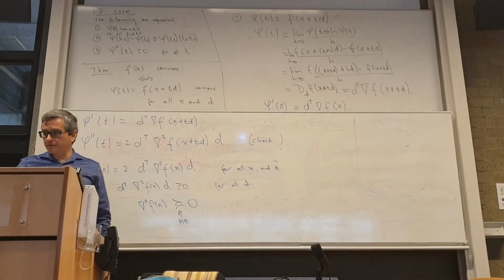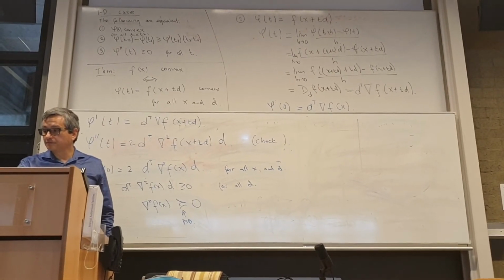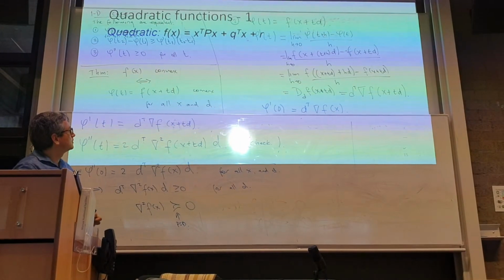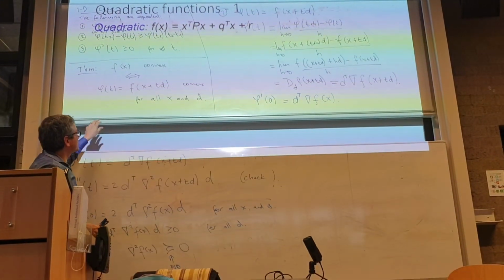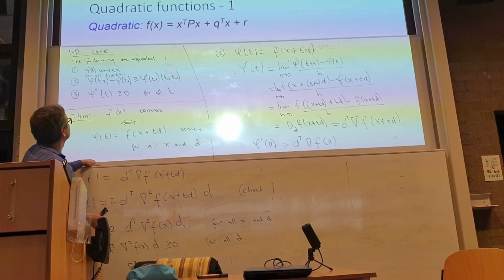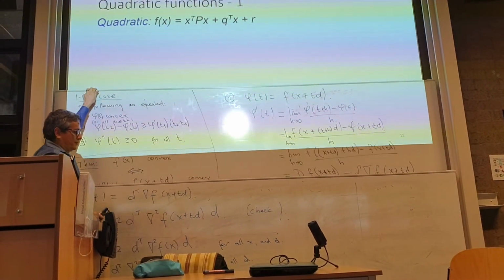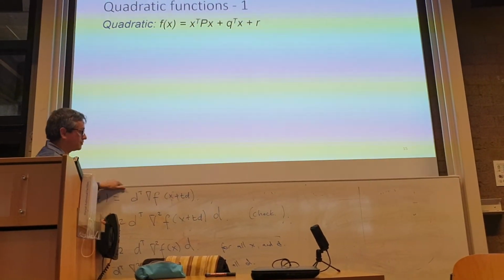Okay, let's apply those two theorems. And then we're going to do it for the quadratic functions. So we're going to apply first the first-order condition. I did it, but okay, we can write it anyway.